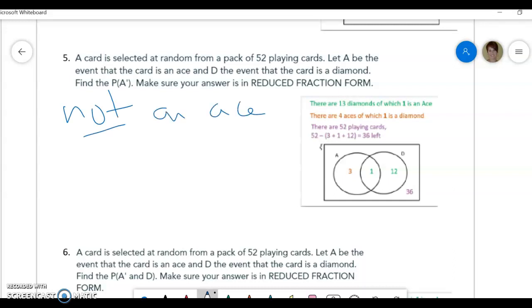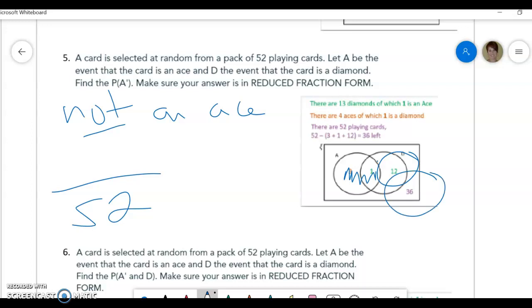So if you look at your Venn diagram, out of our 52 cards, we don't want the ace, which means we can't use any of those numbers. Now, be careful, you just don't want to use the 12. So yes, 12 of the cards that are not an ace are 12 diamonds, but remember, you have other suits. You have your hearts and so on.